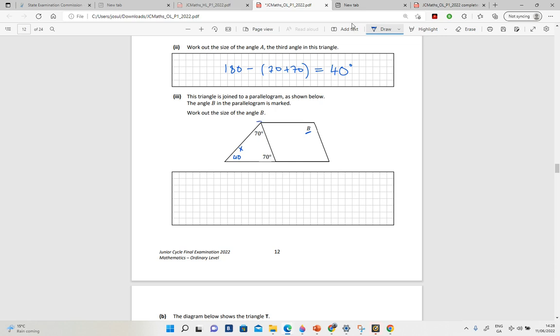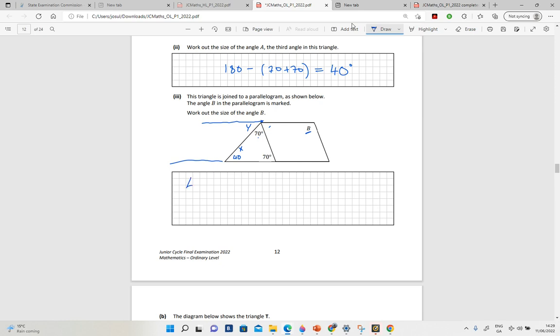We can also extend this line. I haven't drawn it right there, but you get what I'm doing here. If I continue that line over there, what I know is that this angle plus this angle is going to be 180 degrees, and obviously that continues on over there as well. I'm going to call this angle Y here. There's a property that this angle and that angle are opposite angles in two parallel lines.